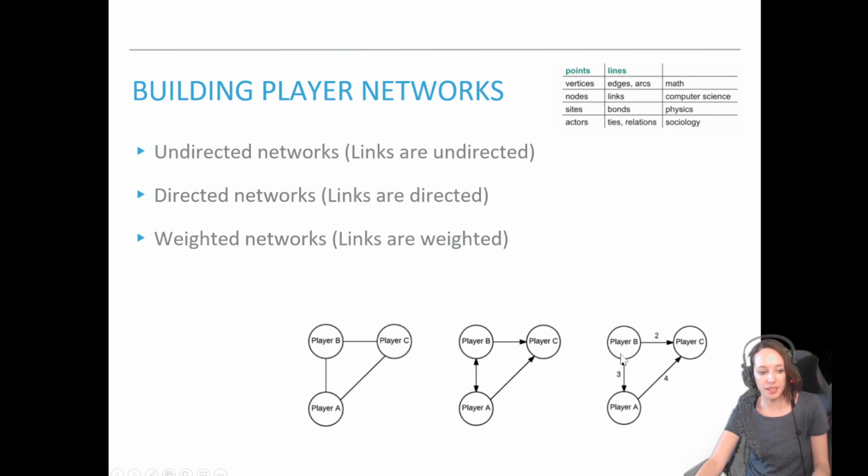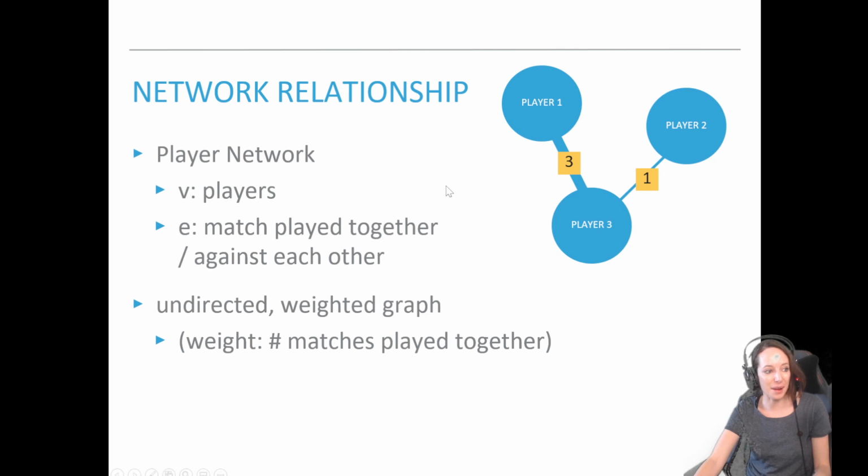When we know, for instance, hey, player A and player B have already played 3 matches together, we can also build a weighted network. So this is a typical player network where the vertices are the players and the edges are how many matches they played with each other.